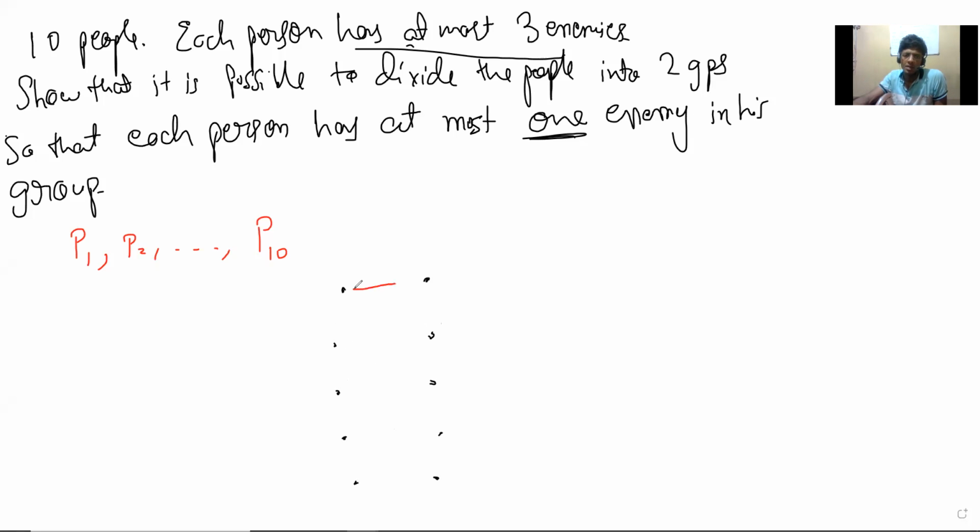And one person has at most 3 enemies, like this maybe. So this person may have 3 enemies, and so on. How would you separate? How would you group them?